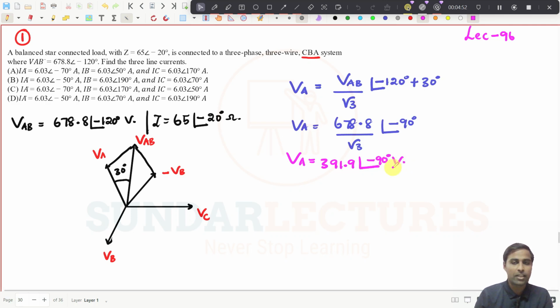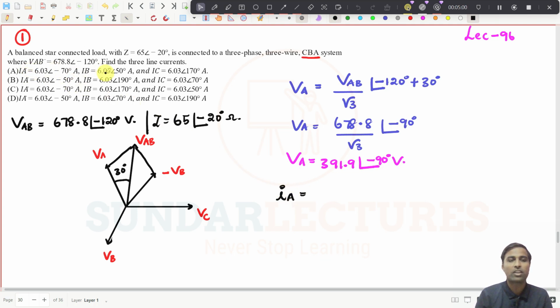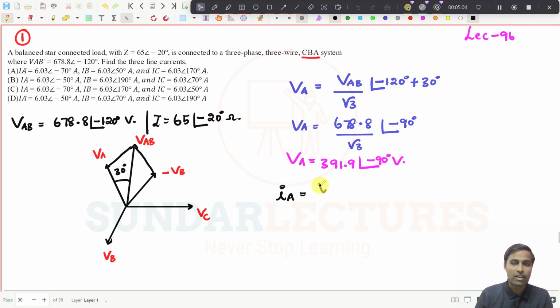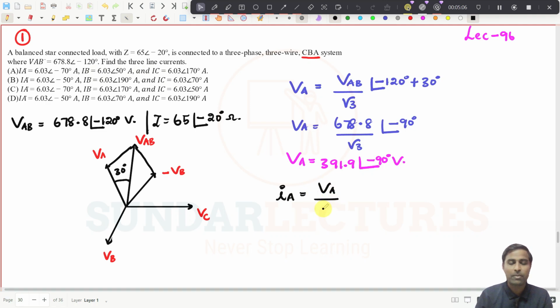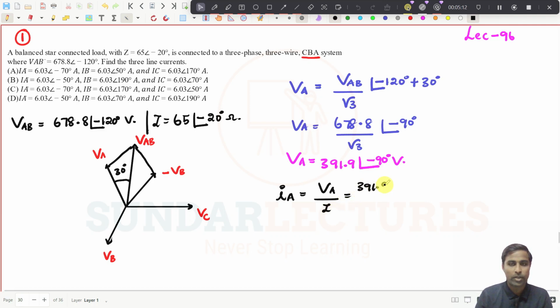Now it is very simple, because you can easily find the value of IA. They are asking you to find IA, IB, and IC. To find IA, it is VA divided by Z. So VA is 391.9 at an angle of minus 90 degree.